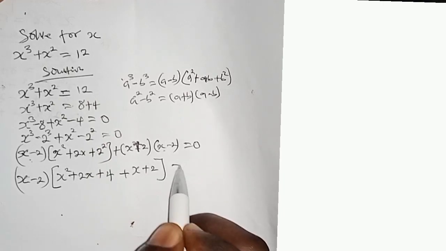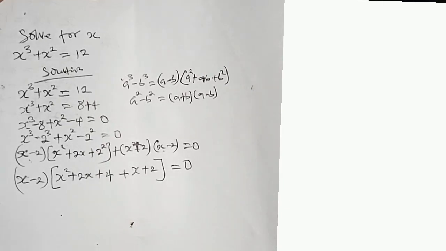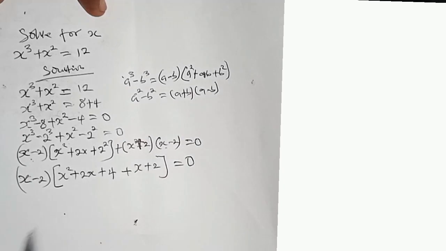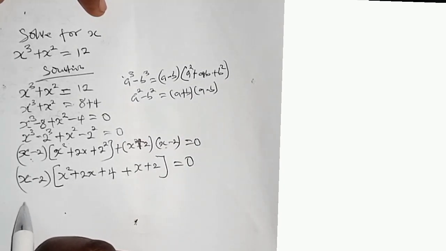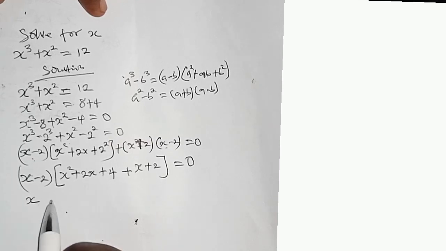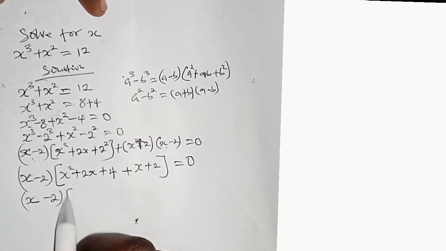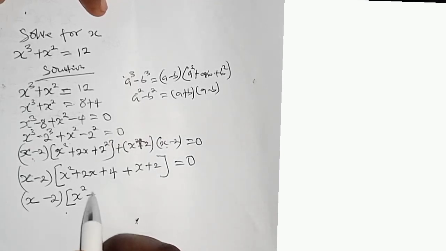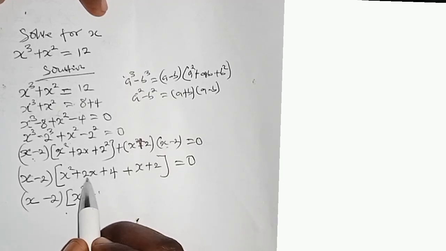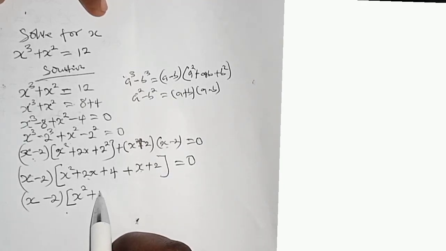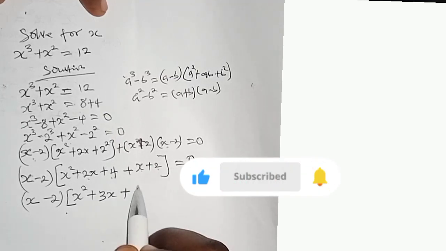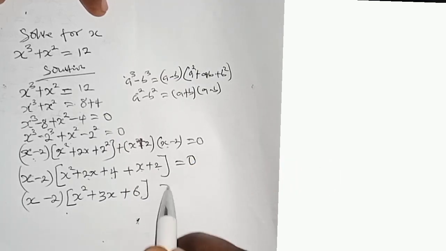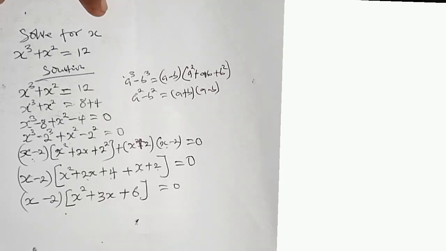And it is equal to 0. Simplifying further, let me add these inside the bracket. I will have x minus 2, and then inside the bracket I have x squared plus, if I add these 2x plus this x, I will have 3x plus, if I add 4 to 2, I'm going to have 6, and it is equal to 0.